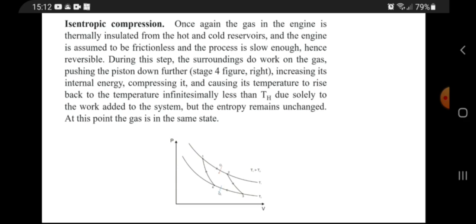Stage 4, the figure right. The gas increases its internal energy, compressing it and causing its temperature to rise back to the temperature less than TH due to work added to the system. But the entropy remains unchanged, and the gas returns to the same state.